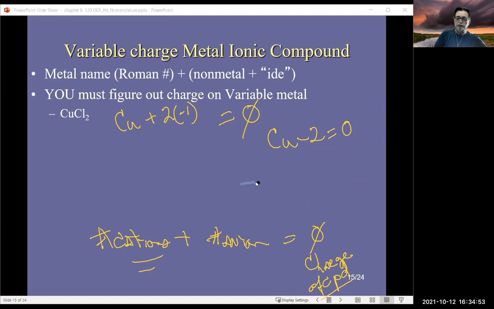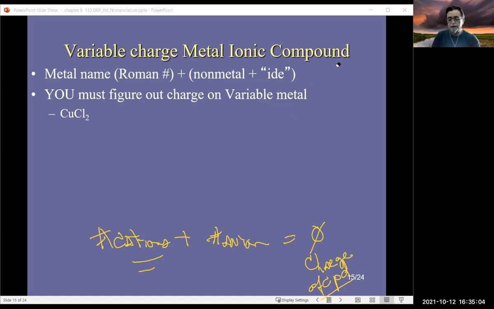It may be charged. It could be a polyatomic ion. Polyatomic ions don't equal 0. Let me give you a quick example of why this other equation, the number of cations plus anions equal to the overall charge of the compound, could be used a lot more effectively.